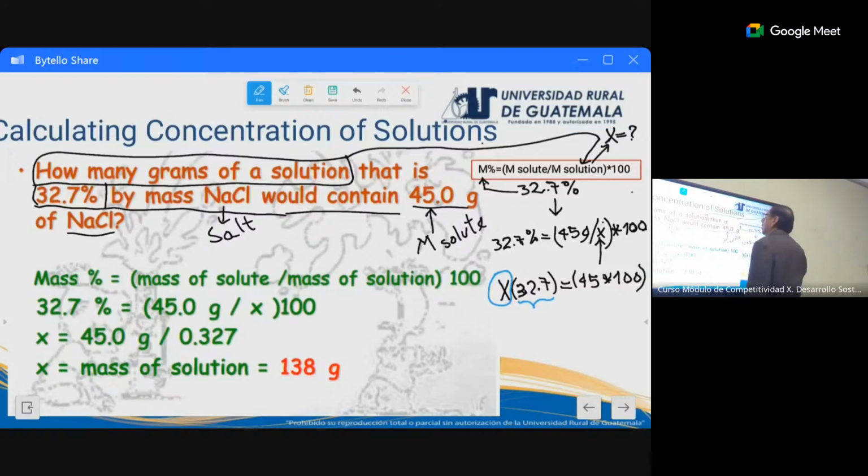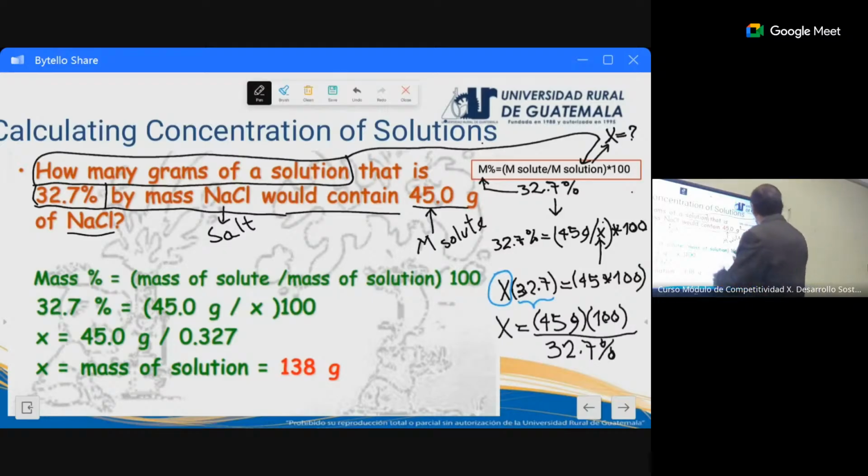So X will be equal to 45 grams multiplied by 100 and divided by 32.7%.